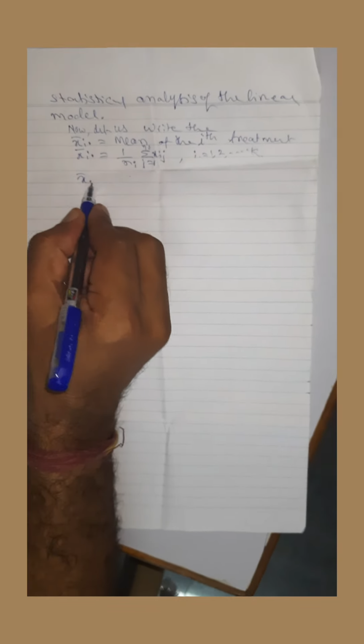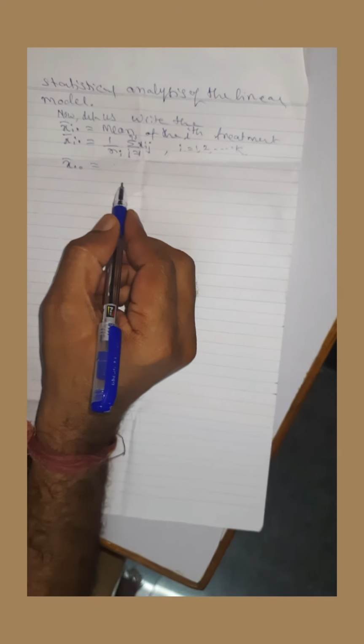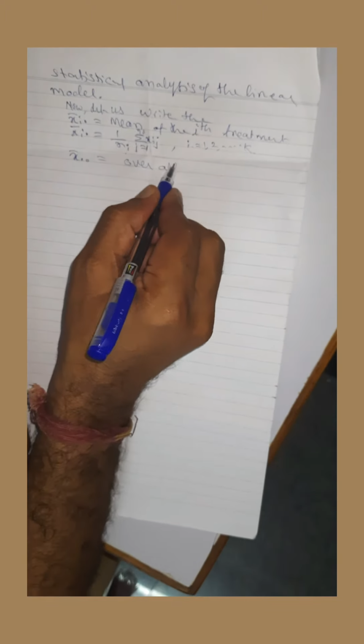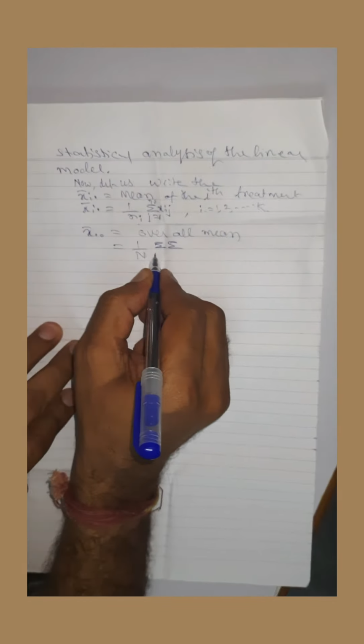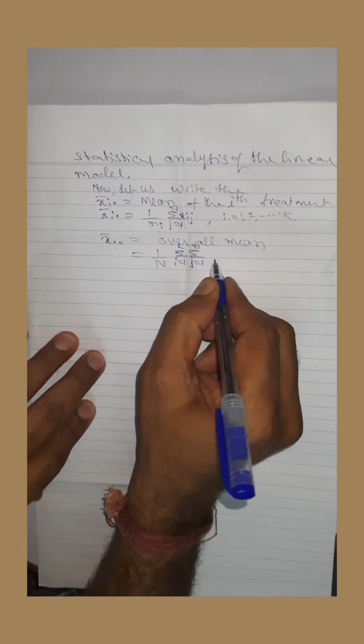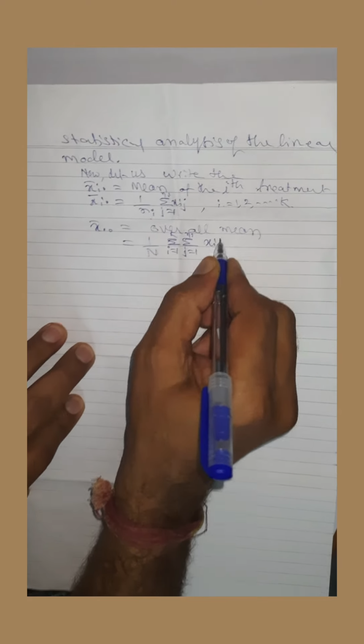X bar dot dot is equal to the overall mean. This is equal to 1 upon capital N double summation i is equal to 1 to k, j is equal to 1 to ni xij. This is the overall mean formula.